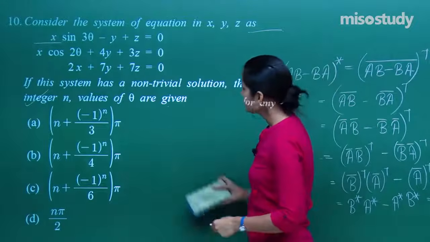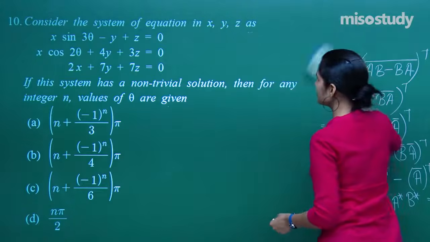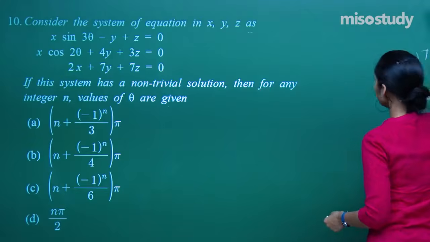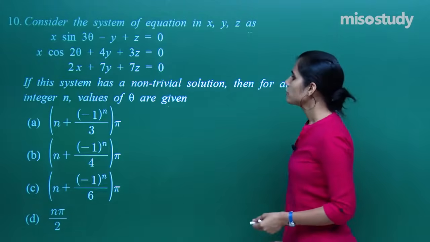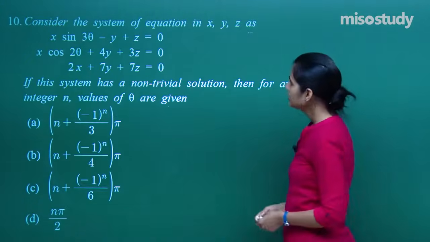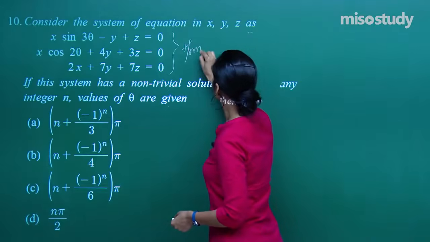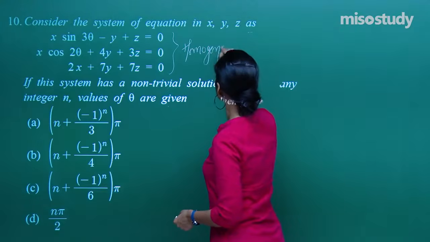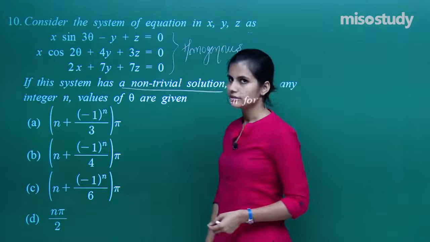Then it says consider the system of equations in x, y, z as this. If this system has a non-trivial solution, then for any integer n, values of theta are given by what? Now if you can see, this is a homogeneous system of equations, and it is given that it has a non-trivial solution.